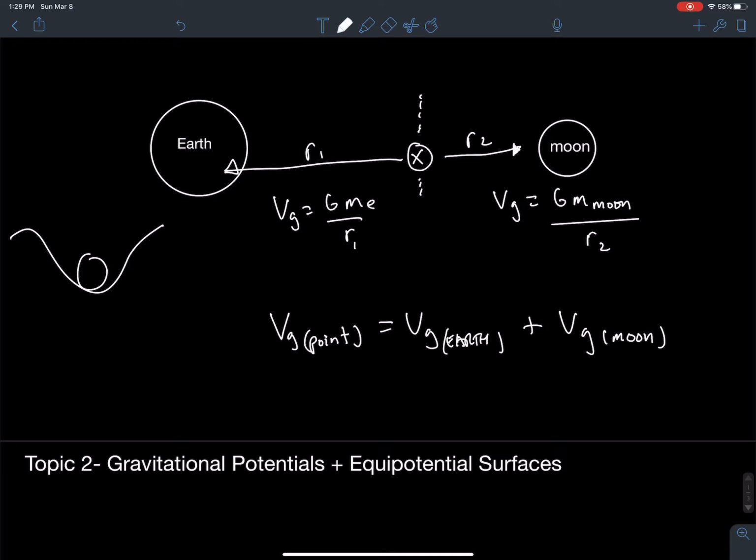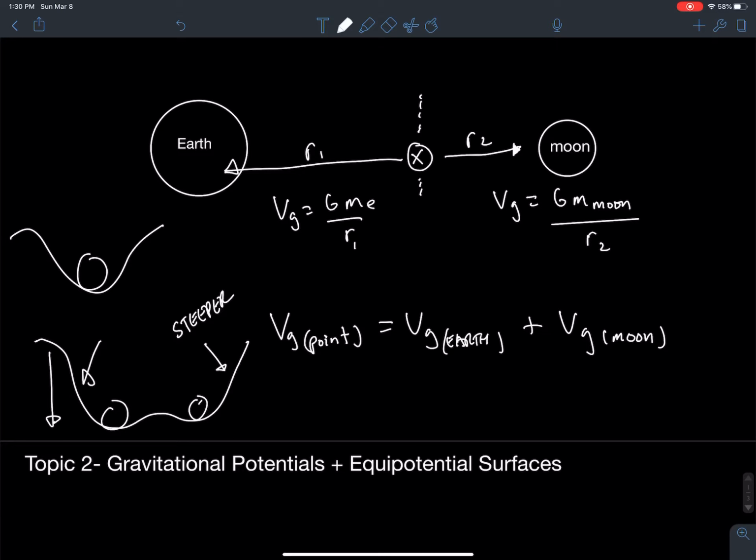There's going to be two objects inside. Here's the moon, here's the Earth. And what I've done is I've effectively made that space deeper because I added two objects into that well. The sides of that well are going to become steeper, meaning that the gravitational field strength, or the work that you'd have to do to take that object out, is going to be greater.